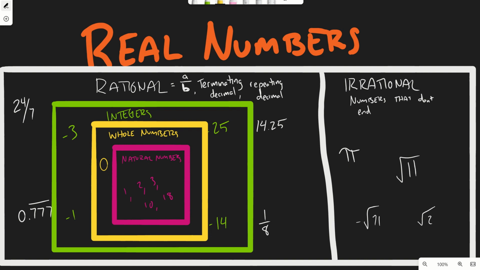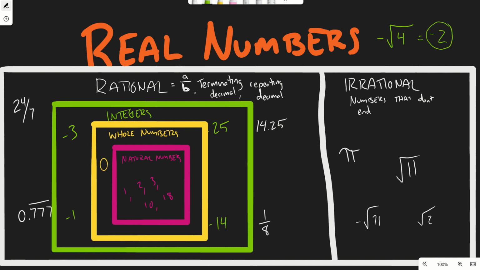Now, let's say I have the number negative square root of 4, and I want to classify this number. Well, before I classify, I want to simplify as much as I can. The square root of 4 is 2, and the negative of 2 is -2.